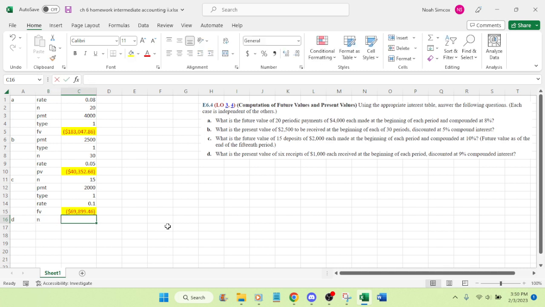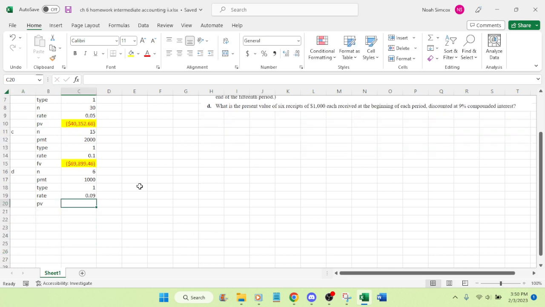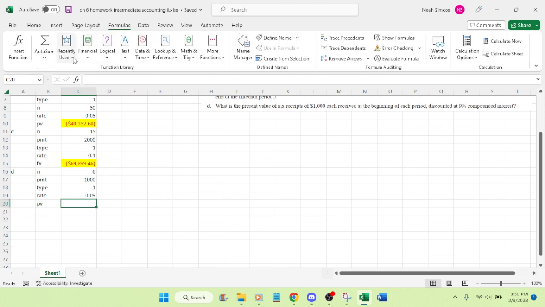6, number is 6. 1,000. And then beginning. Discounted at a rate of 2.9. So we're looking at, for the present value, the present value formula.